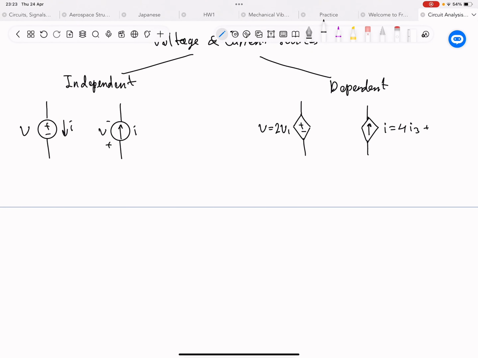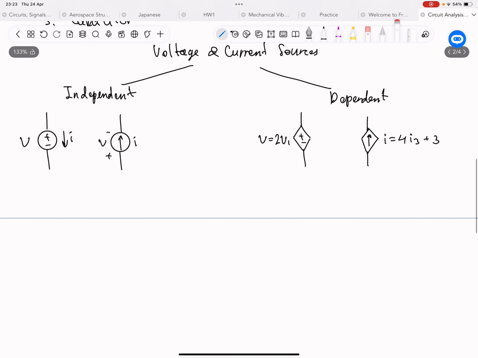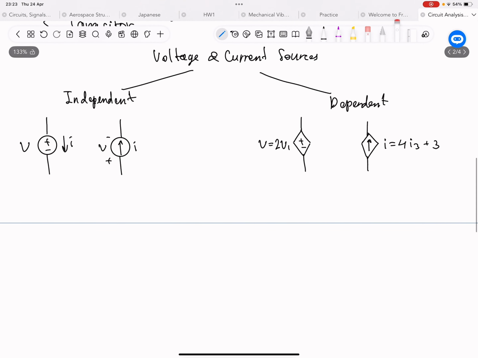Again, we can add a number, because this is a function. So I is a function of I3, which is a current flowing in a particular part of a circuit, or through some other element in a circuit. It's element number 3 in this case.